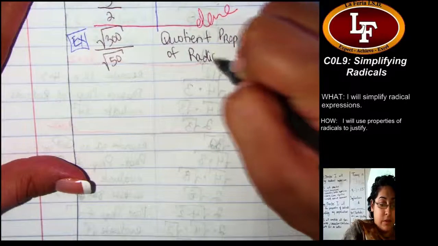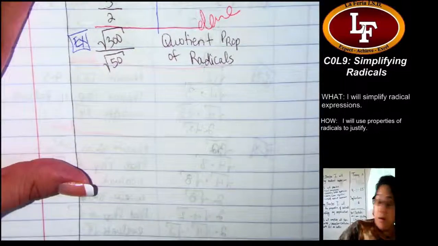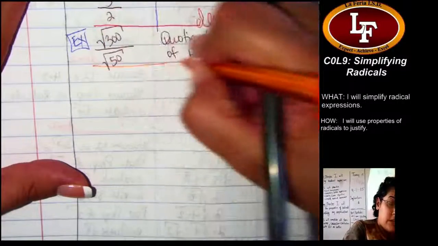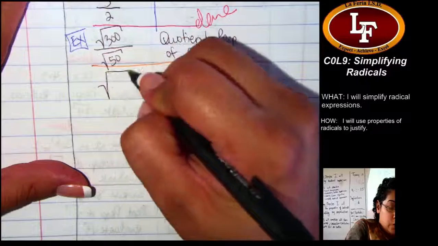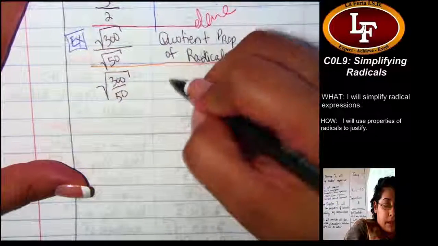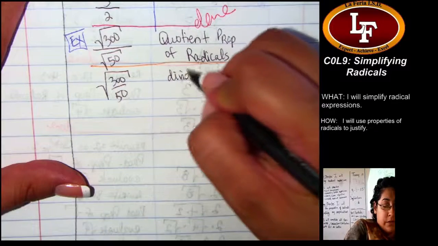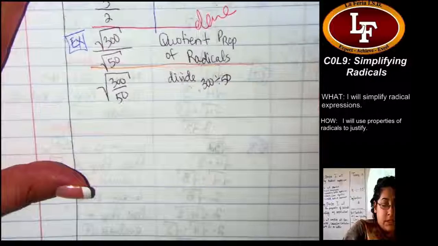Okay, so we're going to look at the quotient property of radicals. This time we're going to use it to combine our radicals. So we're going to end up with the square root of 300 over 50. And now we can do some division, can't we? 300 divided by 50 is?